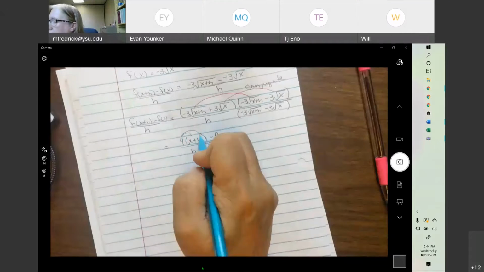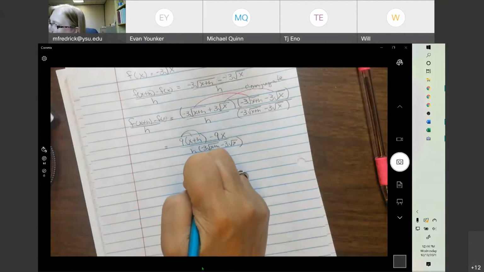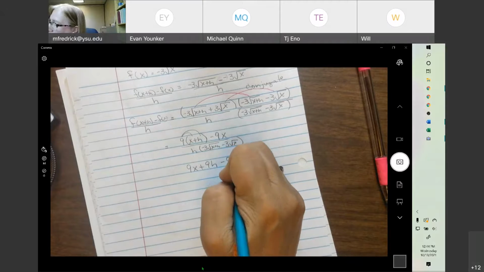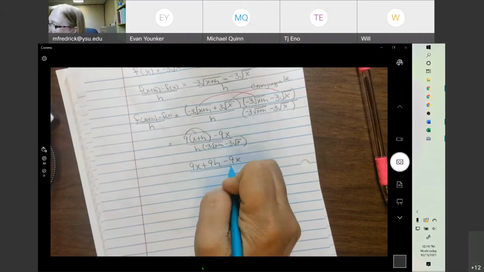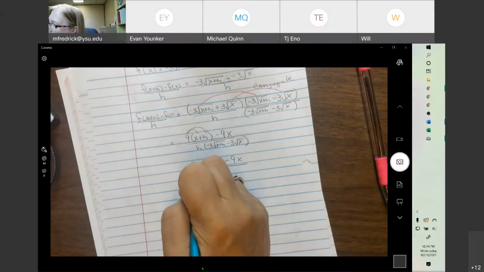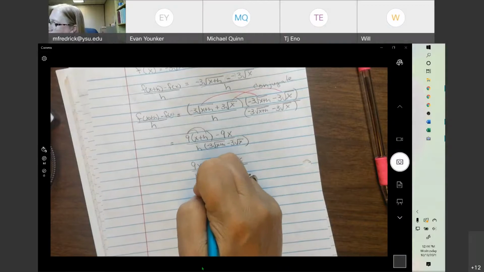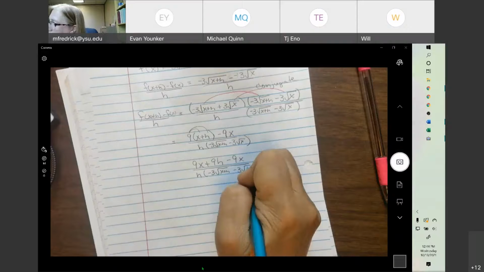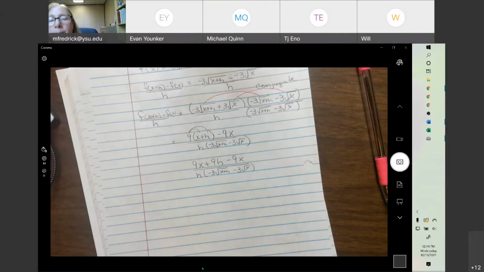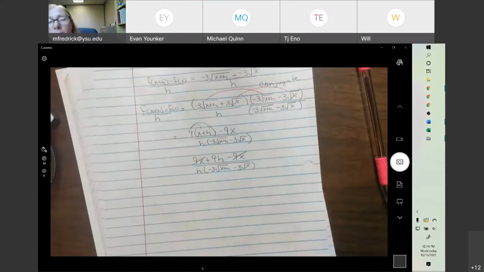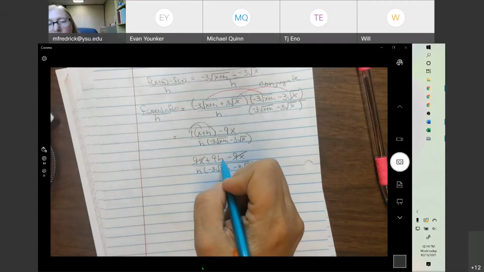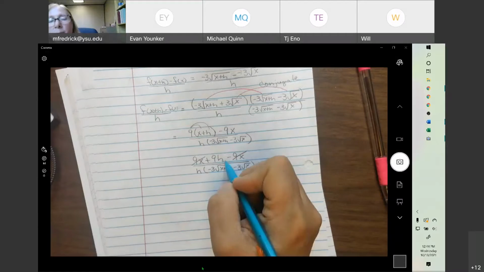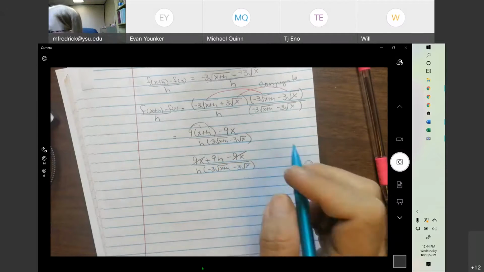Distribute this 9. So we have 9x plus 9h minus 9x all over h times -3 square root of x plus h minus 3 radical x. Notice on top the 9x's cancel. Once they cancel, there's only one term on the top and one on the bottom. Those h's can cancel.